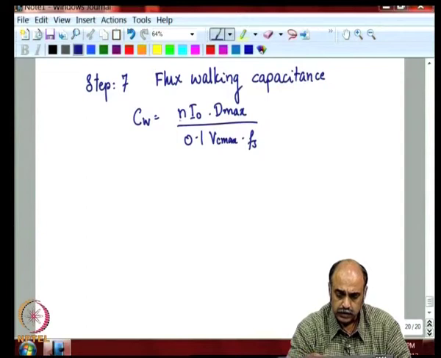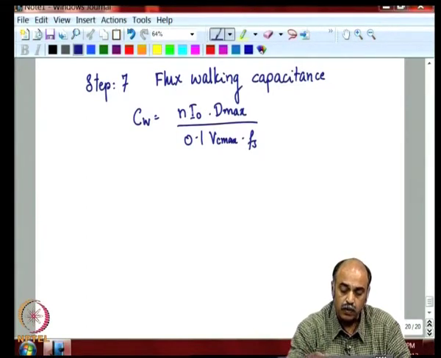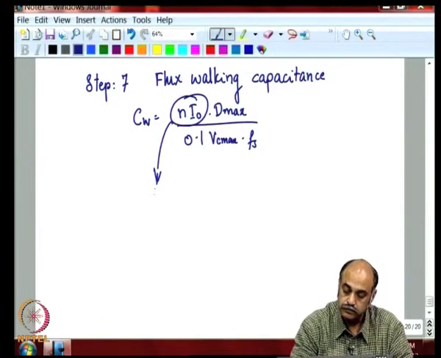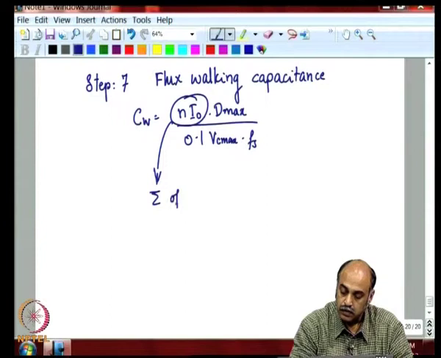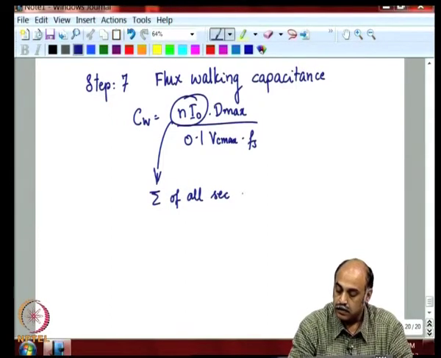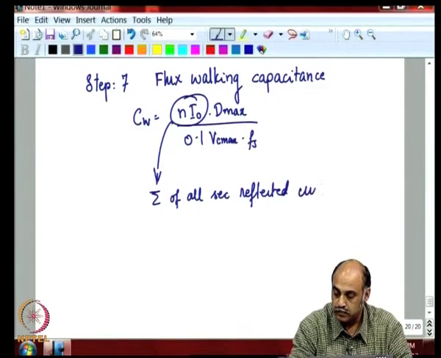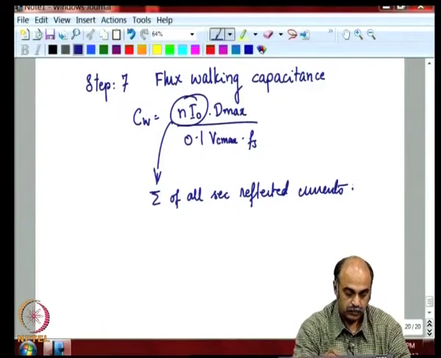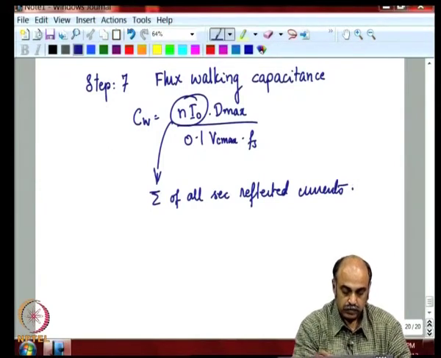Now, remember that this n I naught is the primary current, which is basically the sigma of all secondary reflected currents. Okay.